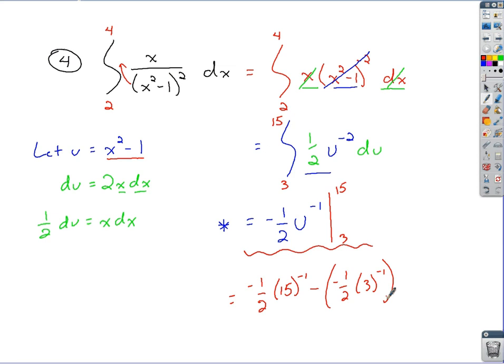If you want to rearrange some negative exponents here and do the calculation, that'd be fine. If you just want to start hammering things out in the calculator, get the decimal value back, that'd be fine. All right, so if we take the calculator route, the value is going to be 0.13. If you take the cleaner route of finding the fractions and doing all that, the answer is 2/15.